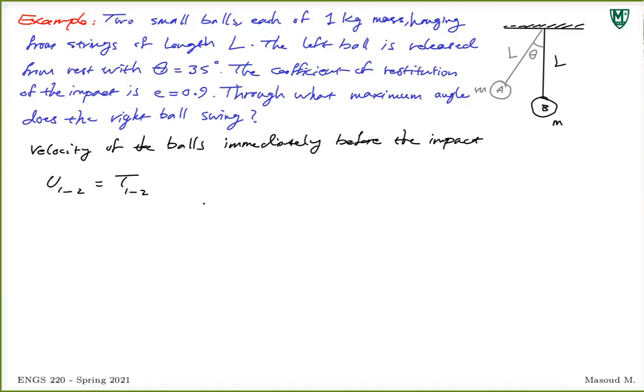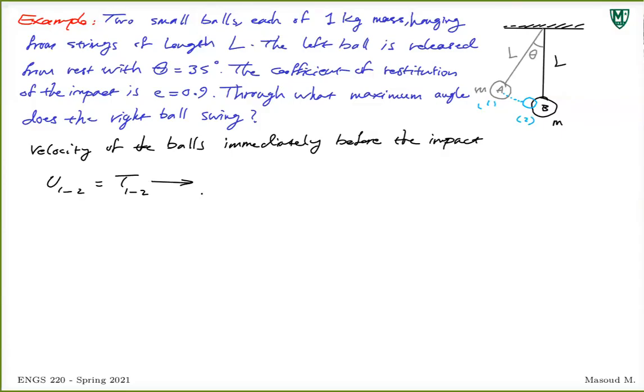So work done from 1 to 2 is equal to change of kinetic energy from 1 to 2, and by 1 to 2 I'm talking about this here. This is 1 and this comes all the way here, it hits the ball, so this is 2. Ignore the diameters or radius of these spherical balls, and assume that theta gets to 0, right? So ignore that little bit of gap there.